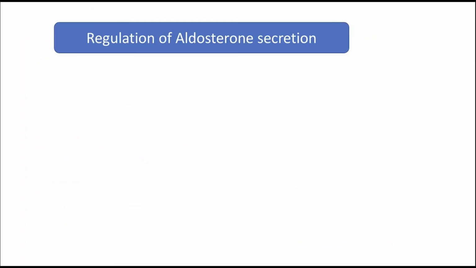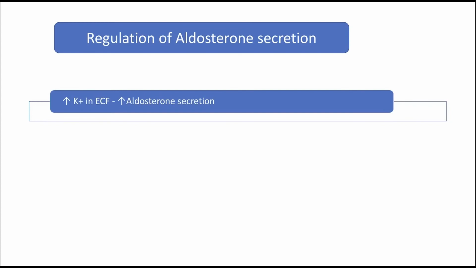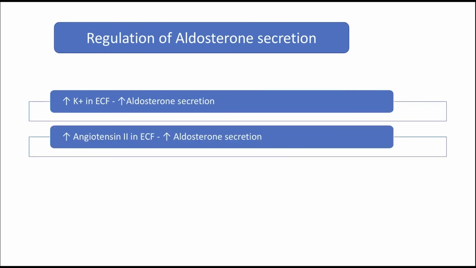So in a nutshell, the increase in potassium, or hyperkalemia, and the increase in angiotensin 2 in the extracellular fluid are the two main important stimulators or regulators for aldosterone secretion.